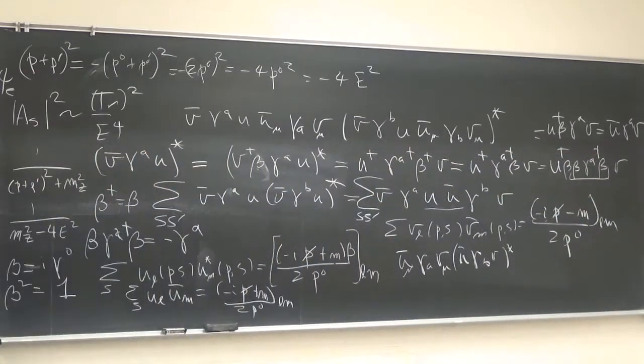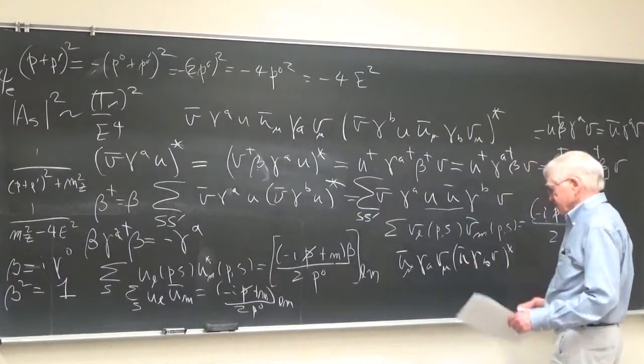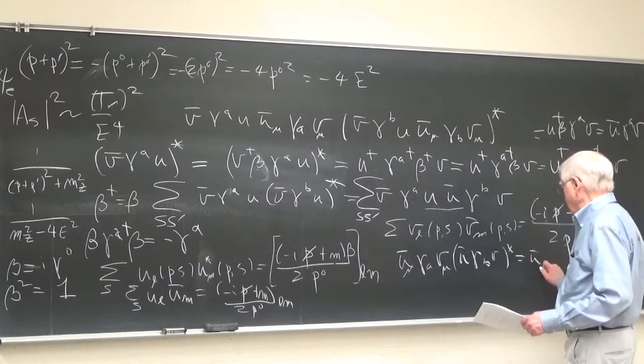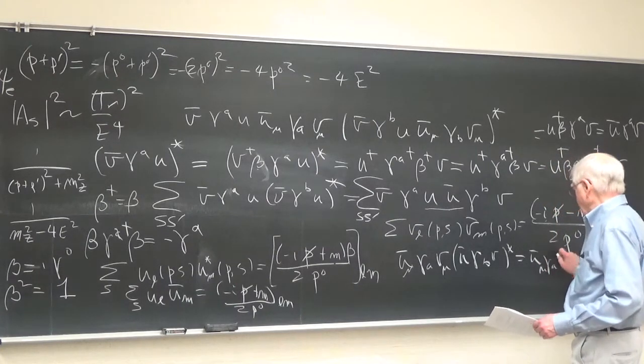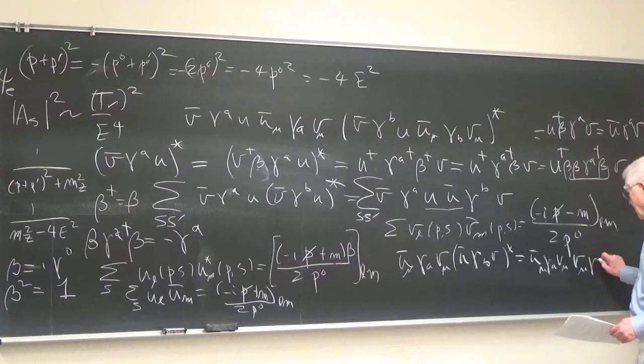And notice the electron part had an upper index, the muon part has a lower index. And so this is the thing that goes there: u bar muon gamma_A v muon, gamma_B u bar muon.